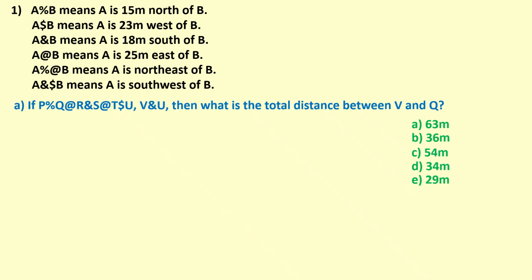They have given that A% B means A is 15 meter north of B. Then A% at B means A is northeast of B. A and $B means A is southwest of B. So first question, they have given you the expression and they have asked what is the total distance between V and Q, and five options are given to you.